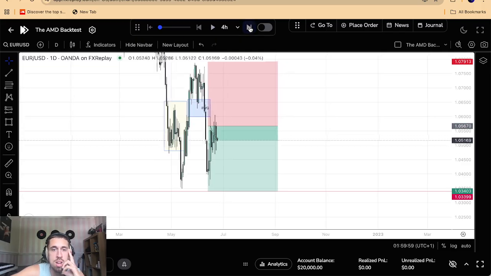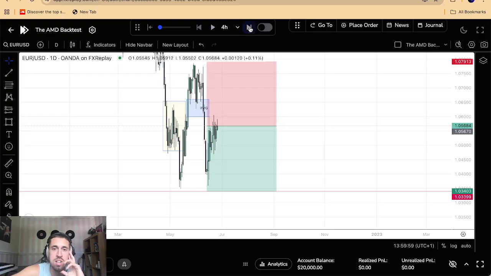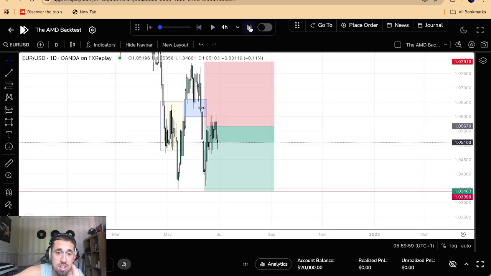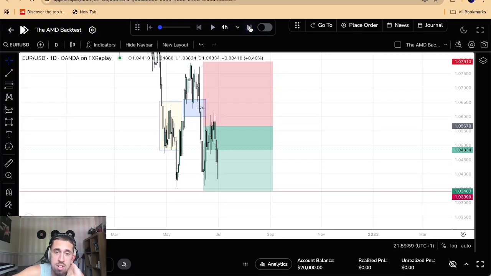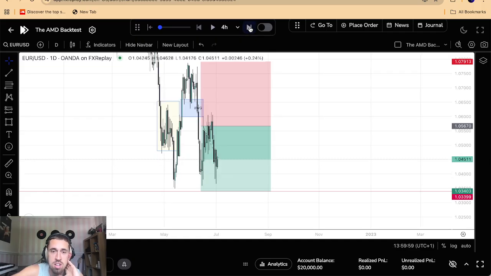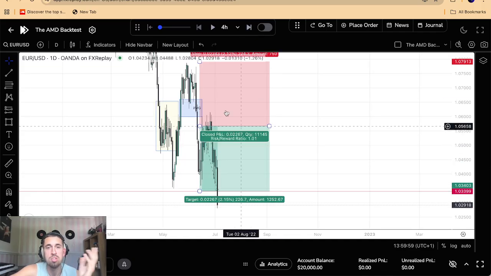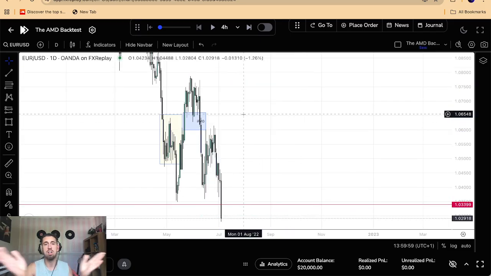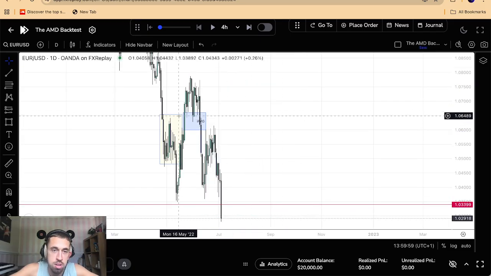I'm skipping a lot of days for this trade. This is a daily candle, so like this you could get so many different kind of trades inside of this. But just using that as a bias every time this works, it's actually an insane model.